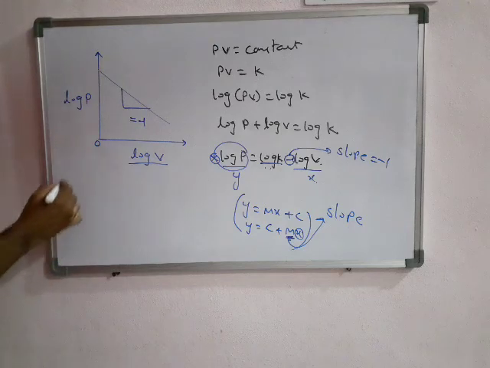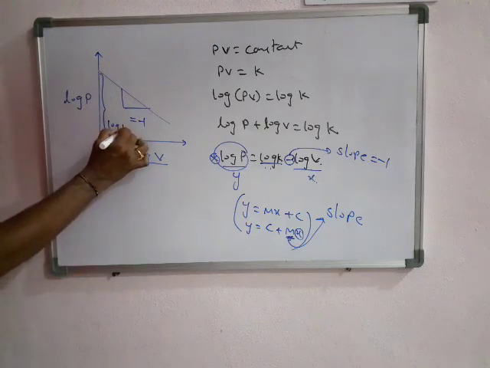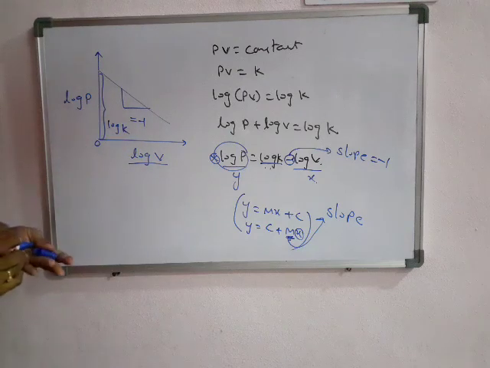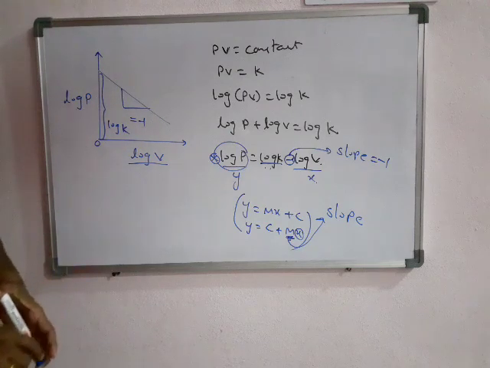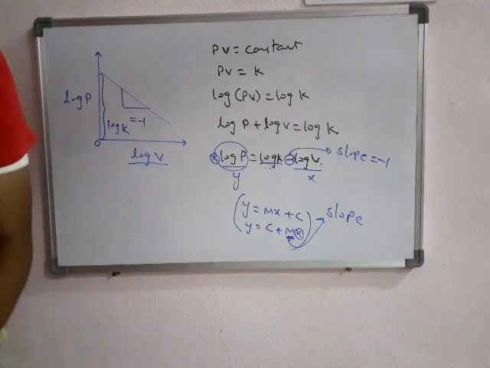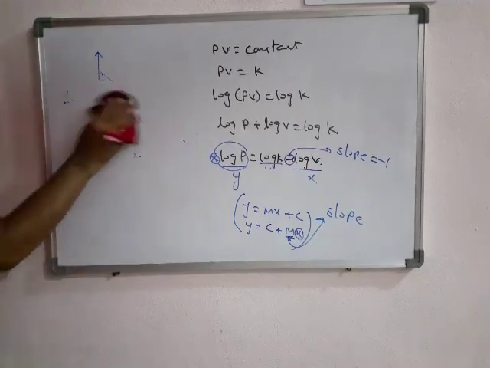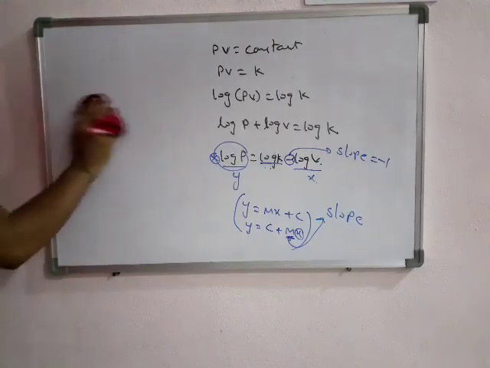Next, what is the intercept? This is called the intercept, and its value is equal to log K. So this is the logarithmic equation.